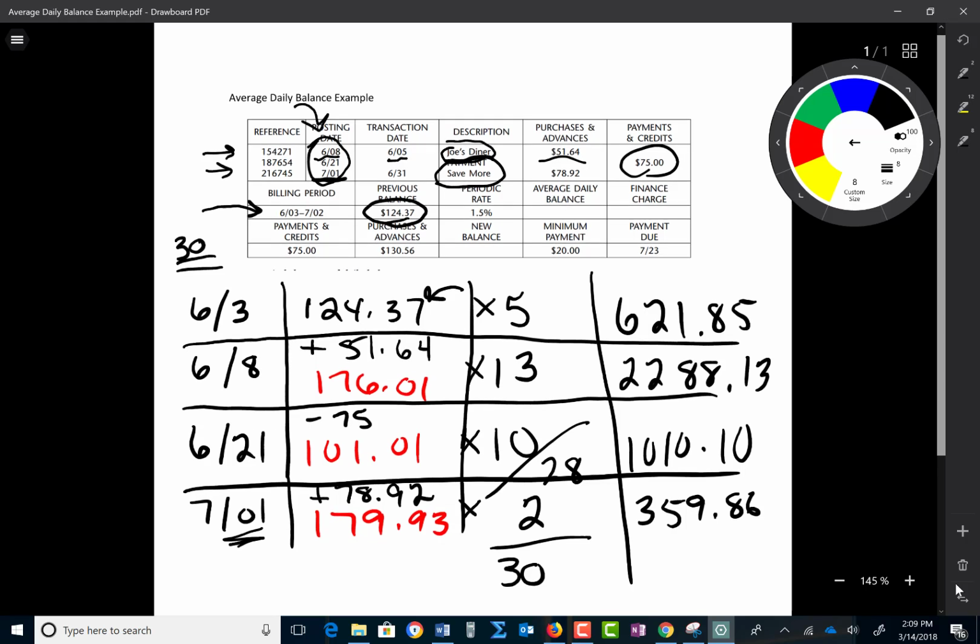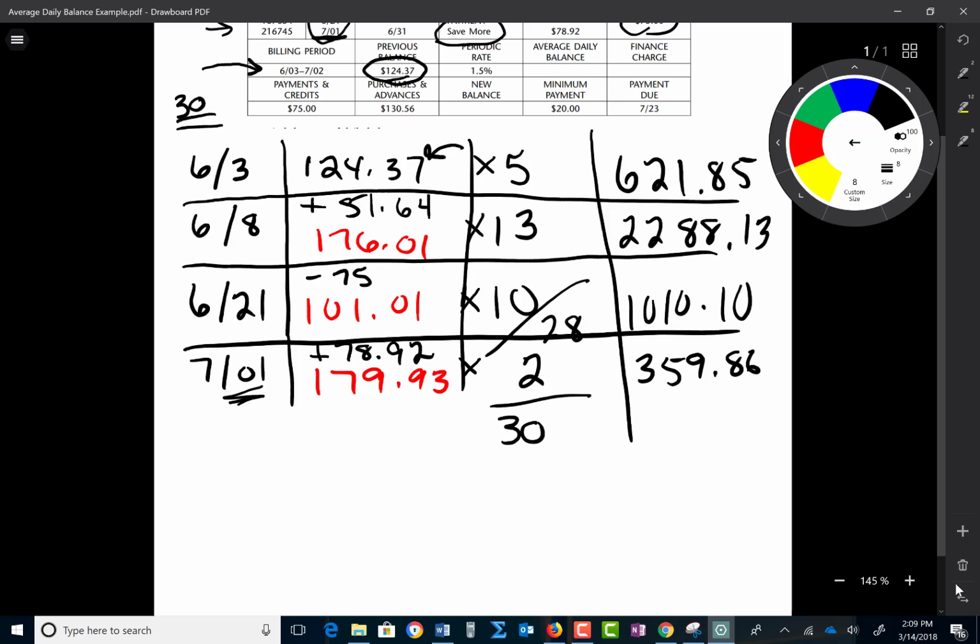Now, in order to get an average, remember, you add up all your balances and you divide by 30. So if I add up 621.85 plus 2288.13 plus 1010.10 plus 359.86, I get 4179.94.